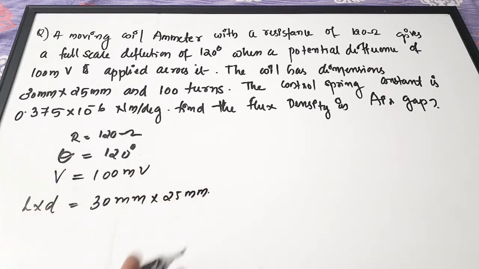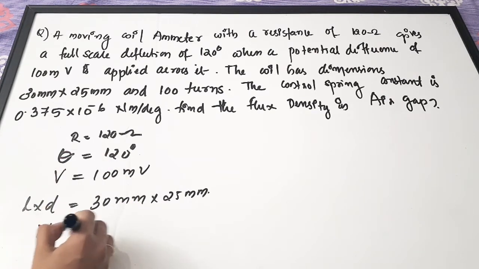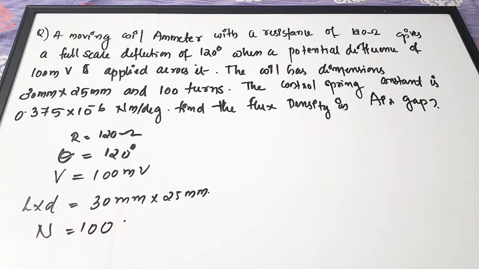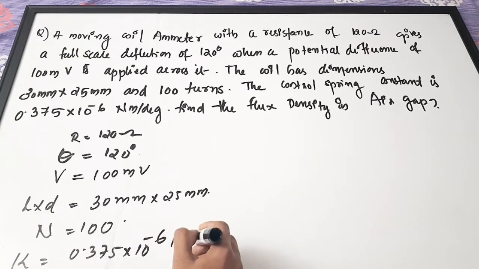So you have to also convert all units to the same unit, that is either to meter or to millimeter. Generally we convert millimeters to meter. All to standard units you have to convert. Then N is given as 100 turns. Then K, spring constant, is given 0.375 into 10 raised to minus 6. Then it is Newton meter per degree. So it is in meter, so we don't need to convert it.